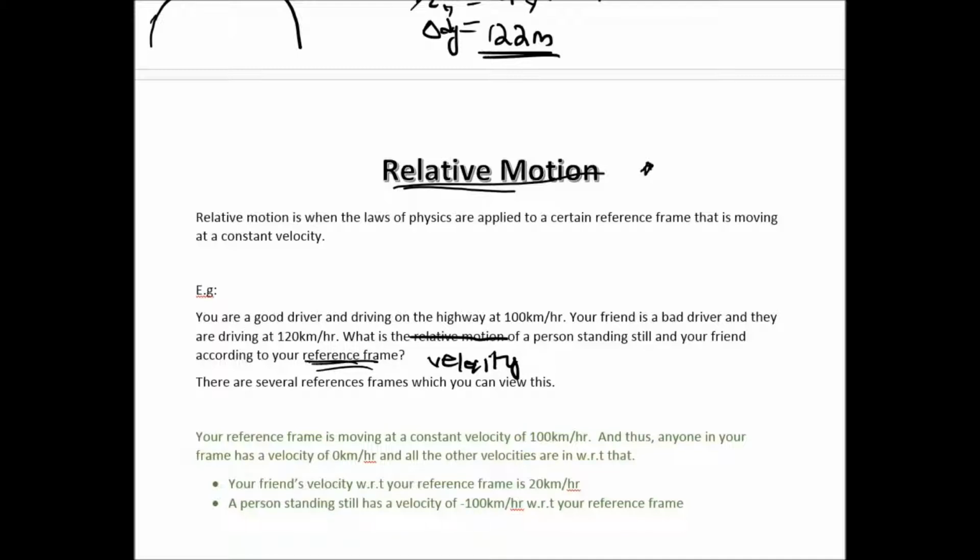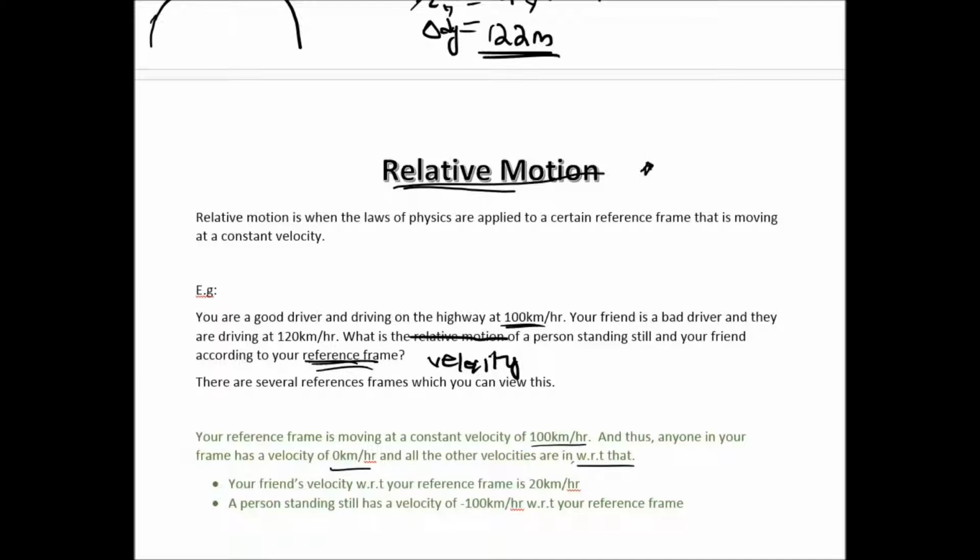So in your reference frame, the constant velocity is 100 kilometers per hour. There are several reference frames in which you can view this, but we are viewing this in your reference frame. Anyone moving at the same velocity as you will seem like they're moving at 0 kilometers per hour, and all the other velocities are with respect to that.